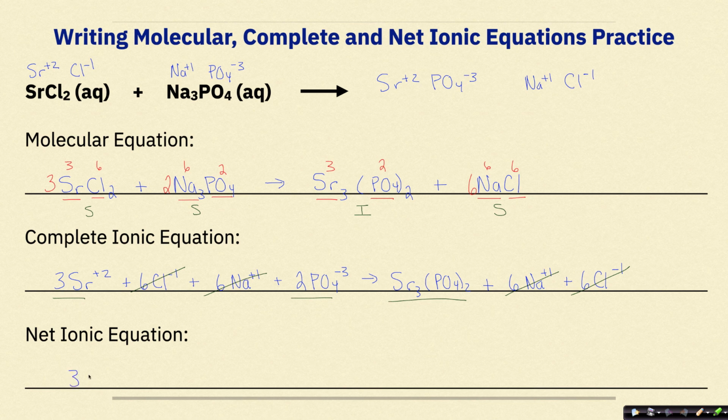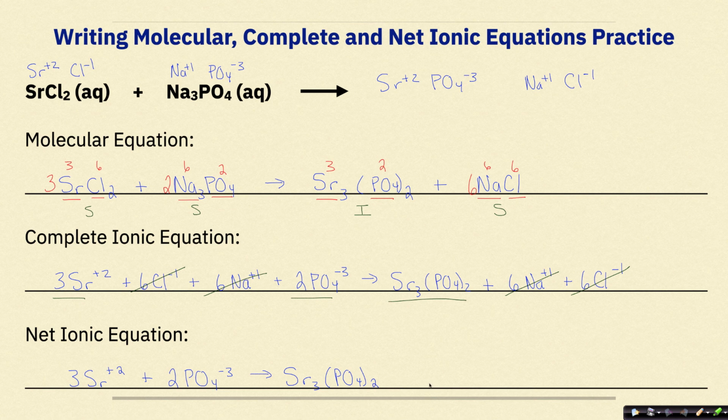So 3Sr plus 2 plus 2PO4 minus 3 will yield my insoluble product of Sr3(PO4)2.